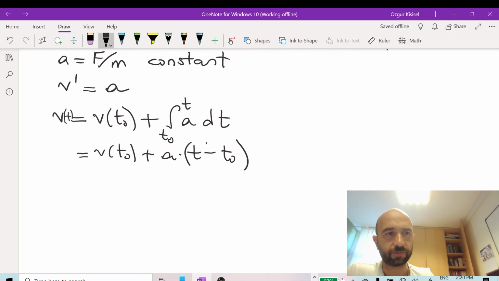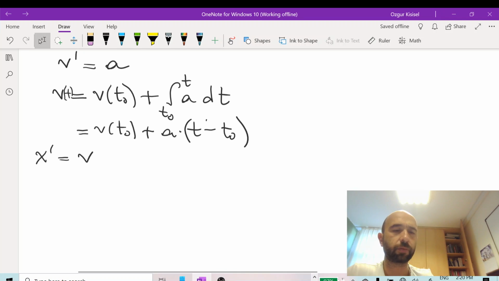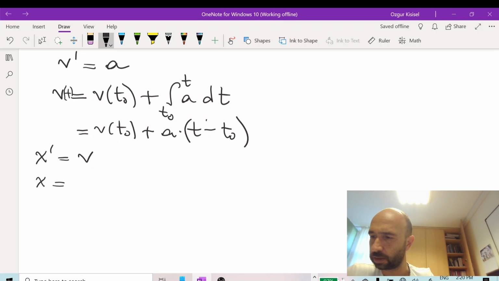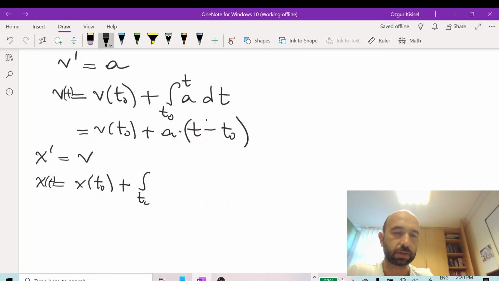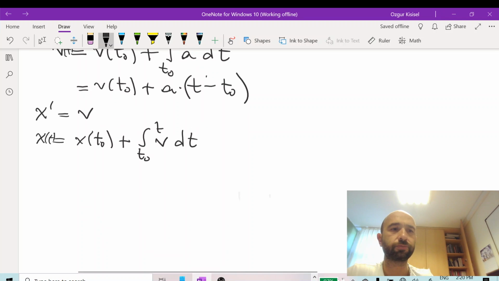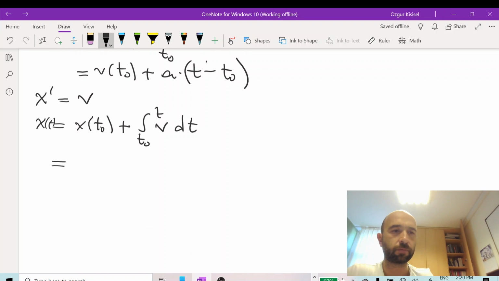Now, if you want to find x, you can integrate once again. We know that x prime is v by definition. So x of t is equal to x of t0 plus the integral from t0 to t of v dt. Fortunately at this point, we know what v is.